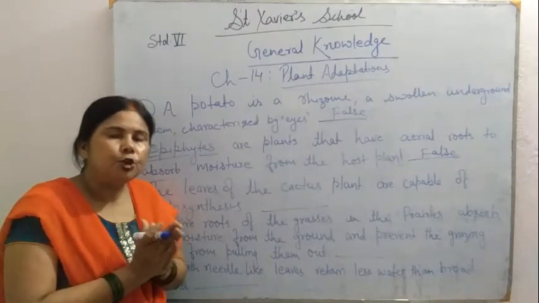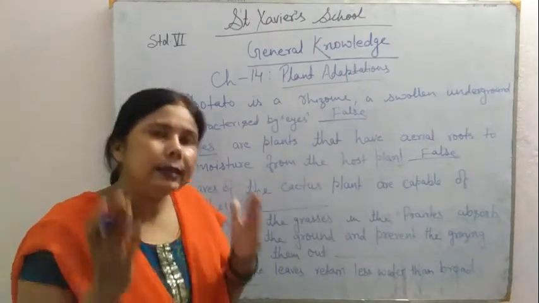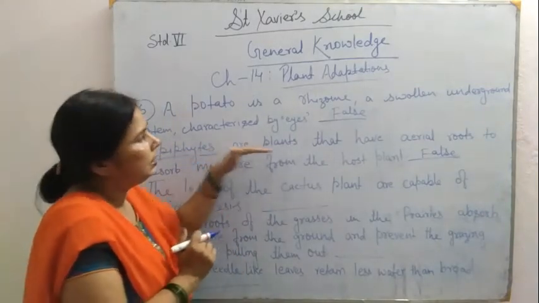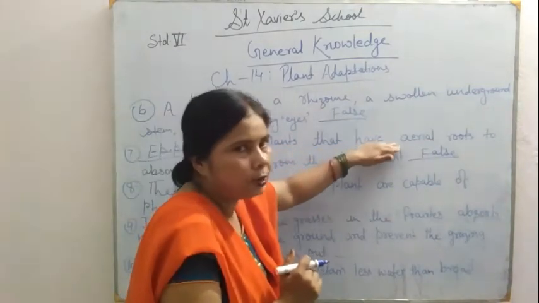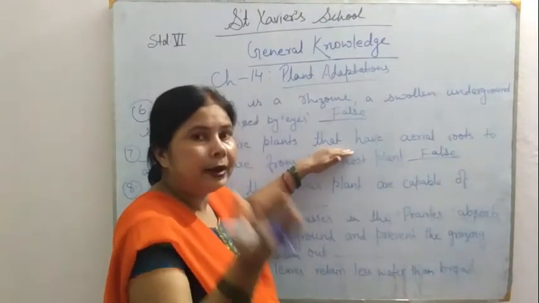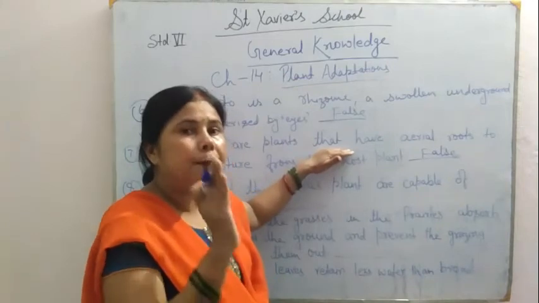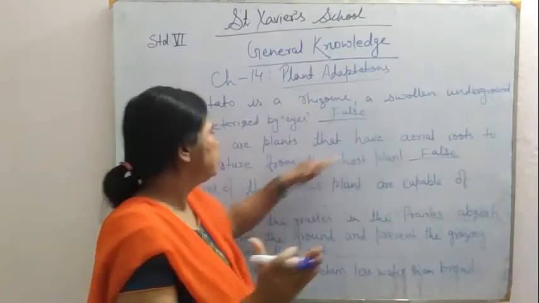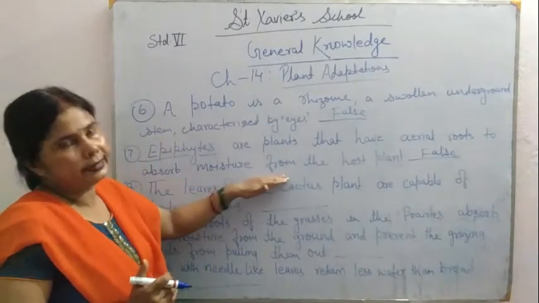Epiphytes are plants which grow on another plant. Okay children? So epiphytes are plants that have aerial roots, but those aerial roots absorb moisture from air, not from host plant. So this is a wrong statement.